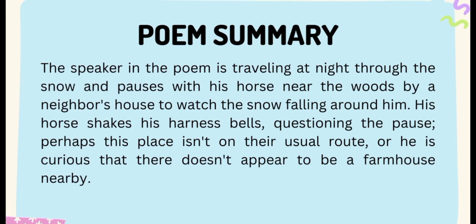The speaker continues to stand near the woods, attracted by the deep, dark silence of his surroundings. He feels compelled to move further into the snowy woods, but he ultimately decides to continue, concluding with perhaps the most famous lines of the poem, "But I have promises to keep, and miles to go before I sleep, and miles to go before I sleep."